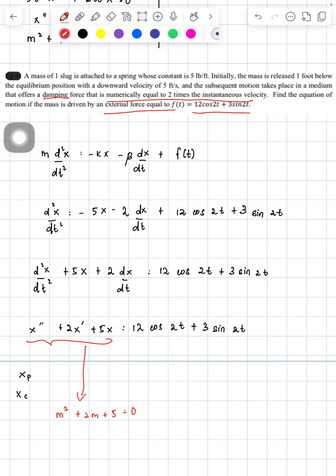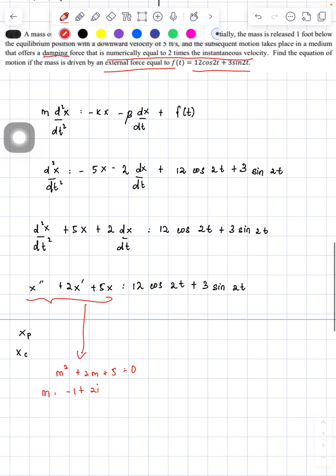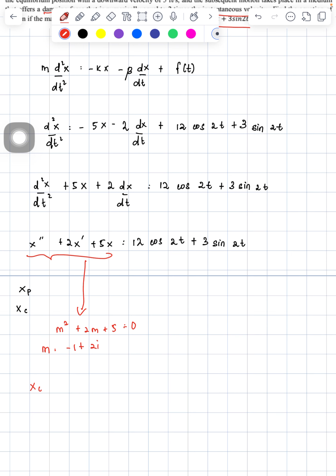We will have m equals -1 plus minus 2i. So, complex conjugate roots, our xc will become e to the negative t (c1 cos 2t plus c2 sine 2t). Okay, this is for xc.